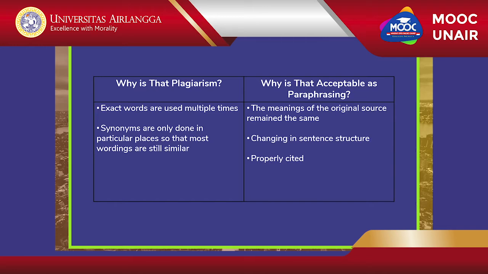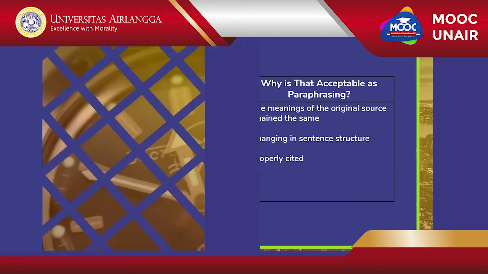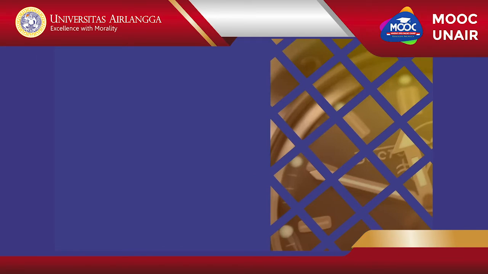Next, it has not only synonyms, but also other strategies employed together so as to make a good paraphrase. Finally, the paraphrased text is properly cited, which is a must in any type of referencing. Let's try some of the strategies for paraphrasing now.